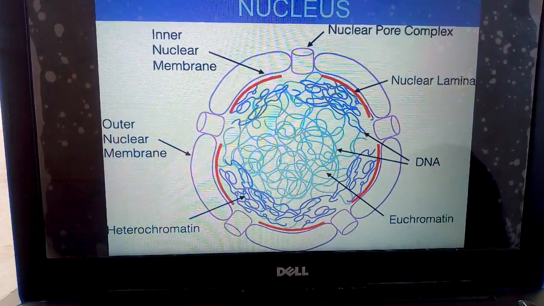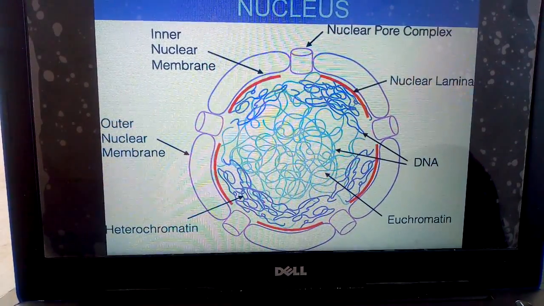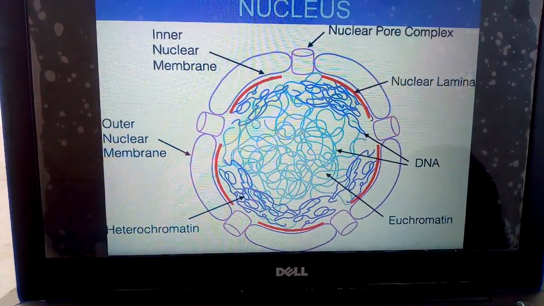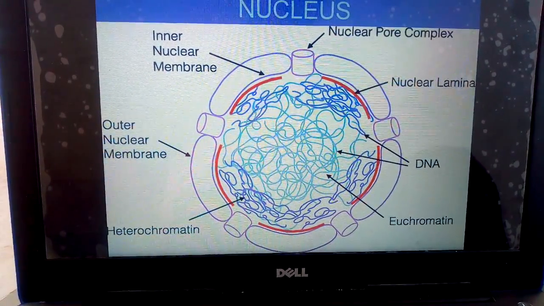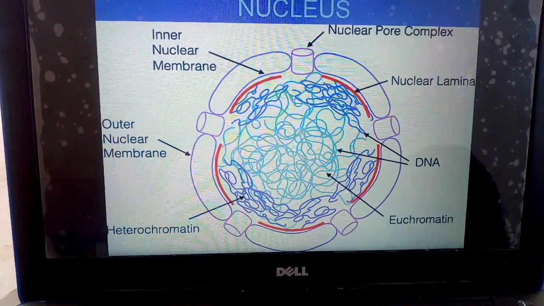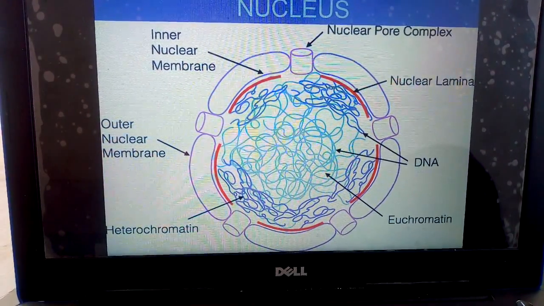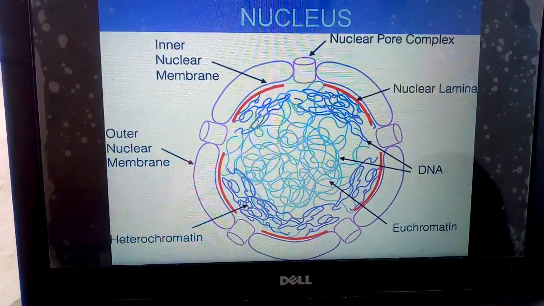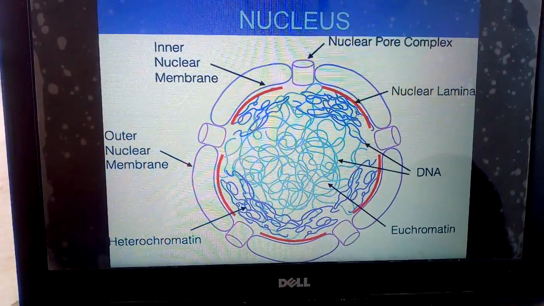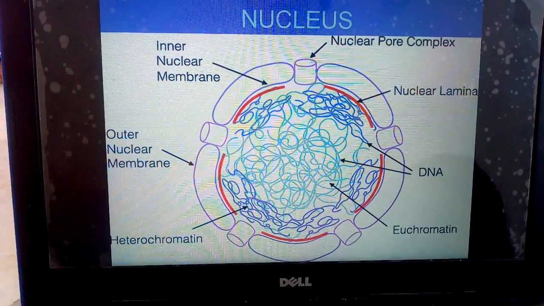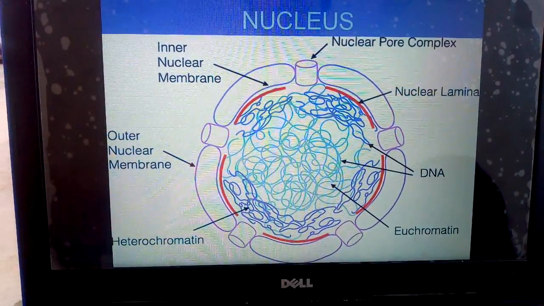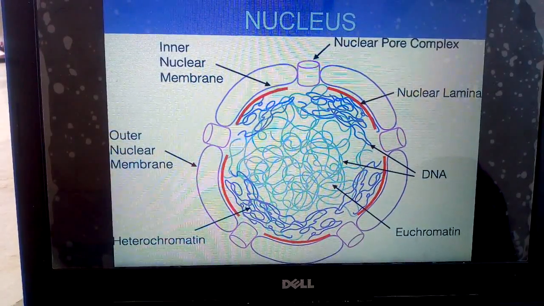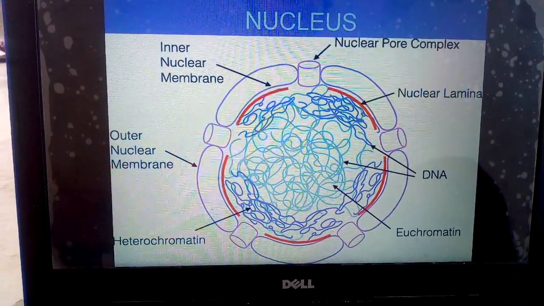In this nucleoplasm we can see fiber-like entangled structures, known as chromatin fibers. These chromatin fibers contain genes. Genes means all the hereditary information that is passed from parents to their offspring. So these chromatin fibers help in the passage of information from parents to offspring.